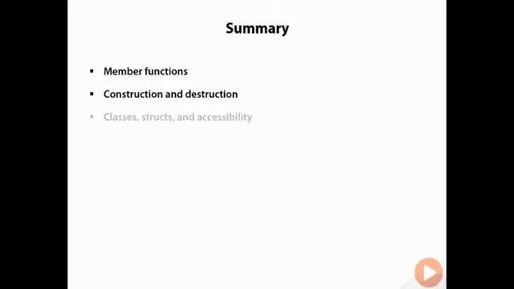C++ also augments the notion of a struct with the ability to define the accessibility of its members and introduces classes, a variant of structs, with private accessibility by default.